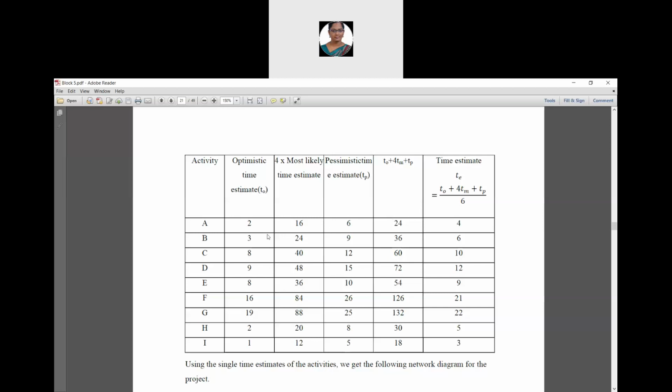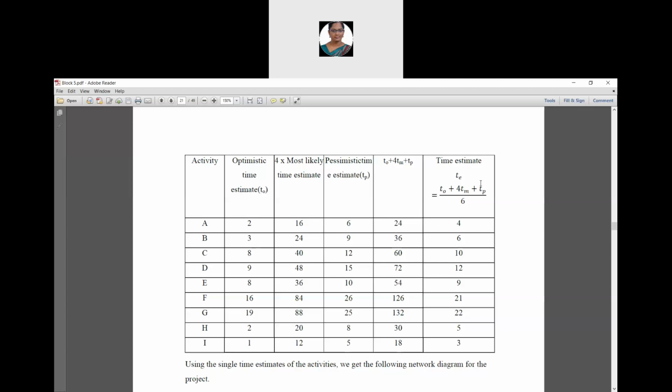See here, T naught is 2 and 4 times Tm is 16. 16 plus 2 is 18, and the pessimistic time estimate value for activity A is 6. So 18 plus 6 is 24. Likewise, we have to find all these values.